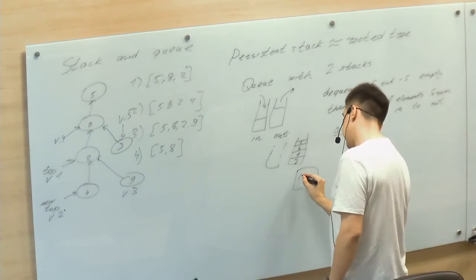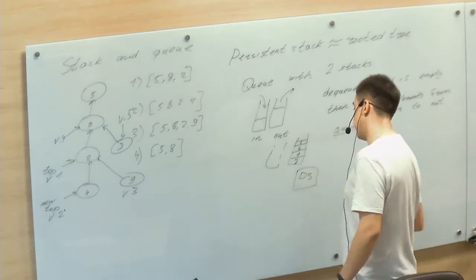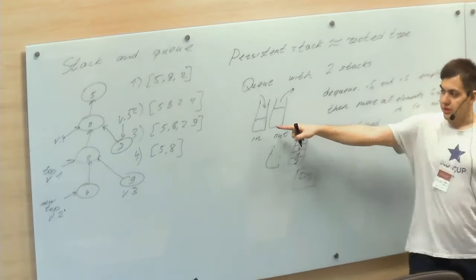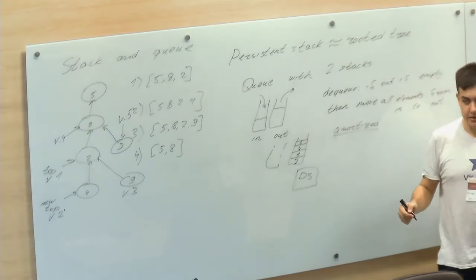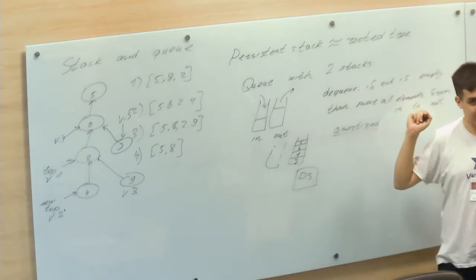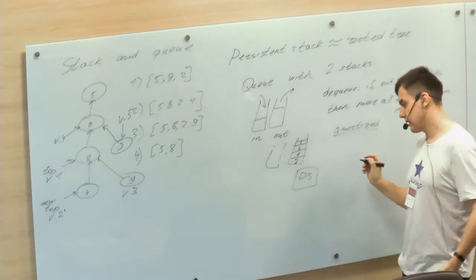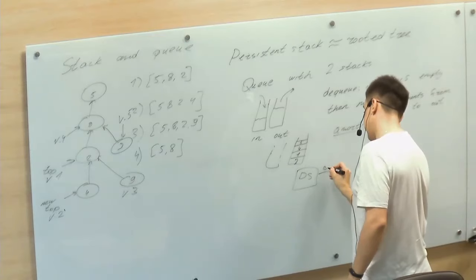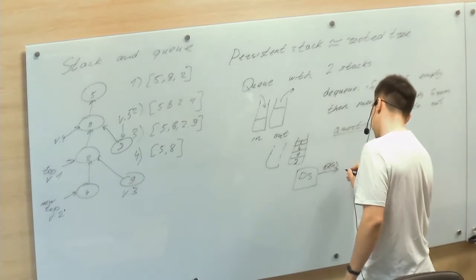So we have some data structure. For example, we put a lot of elements into the input stack, and then we take one element out of this queue. So suppose this operation takes Θ(n) time.